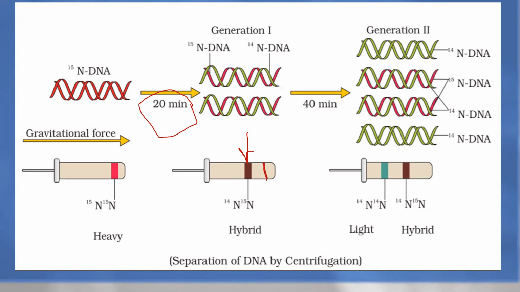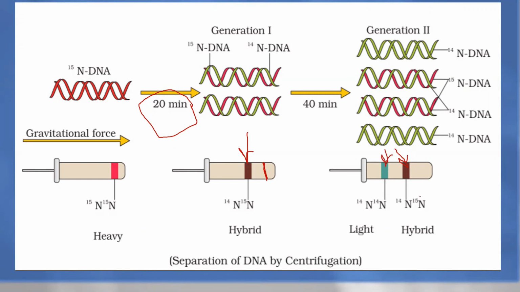Now one more time, they were allowed to replicate. Means after 40 minutes, again a sample of E. coli was taken, centrifuged again, its density was measured, and now two different density patterns were observed. One was exactly similar as in the case of the second replication, and a third pattern was totally different from the earlier two.